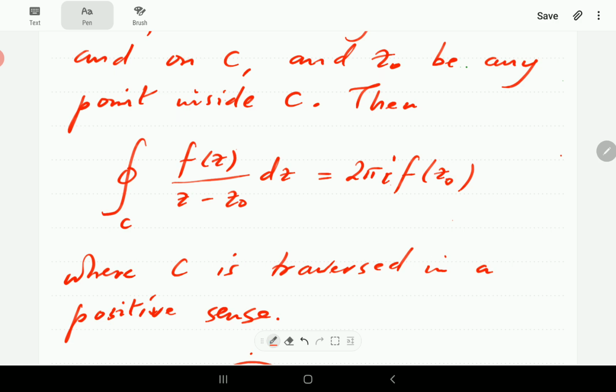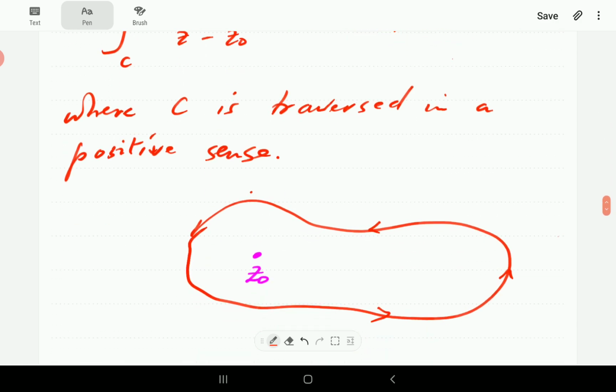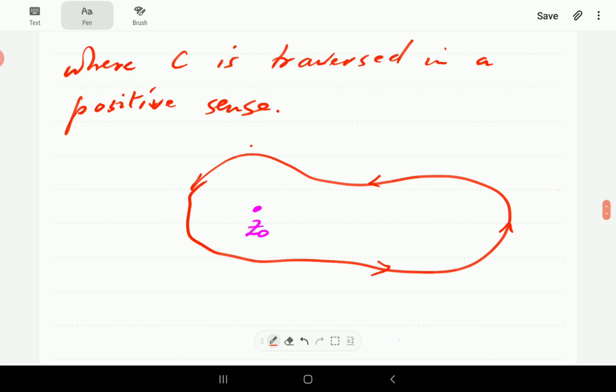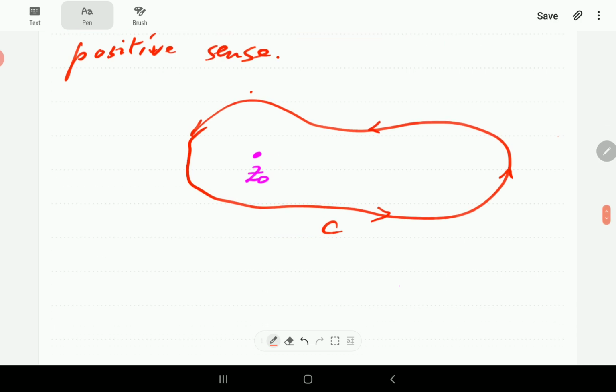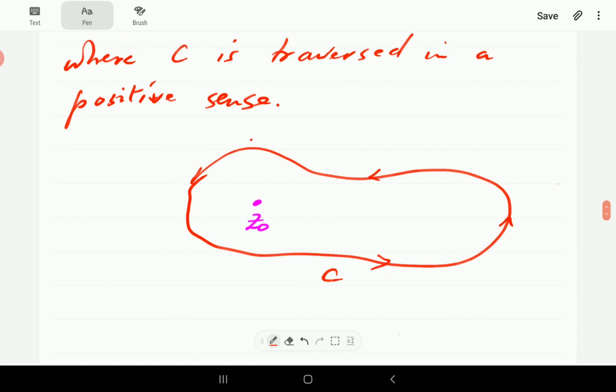So now the fact that we are dividing here by z minus z naught, it means this integrand here is going to be singular at z naught. So that's how it caters for the case where we've got a singularity inside. So this is going to be our contour C, and this is going to be a singularity. Now again, because of the deformation or the independence of path principle, the contour C could be any shape.